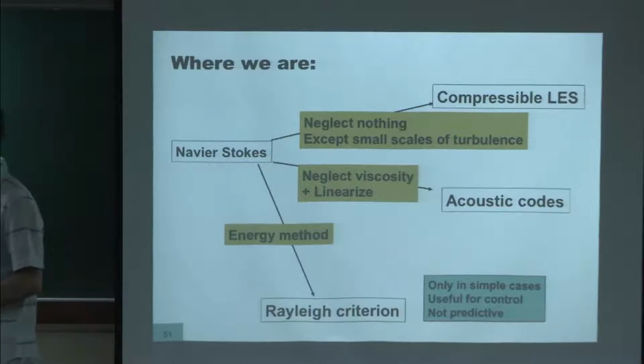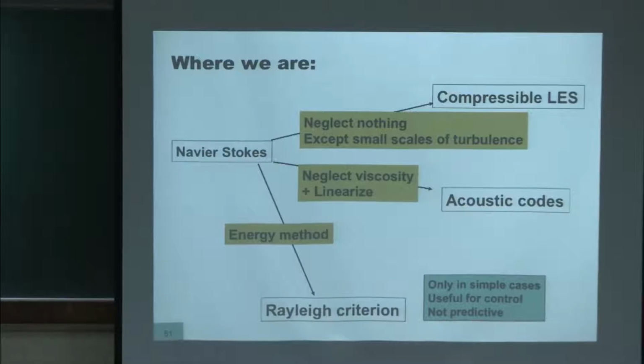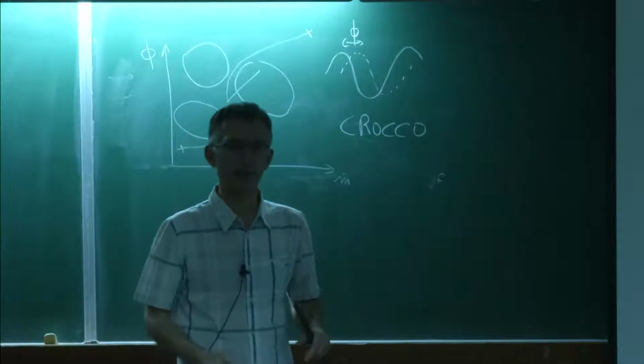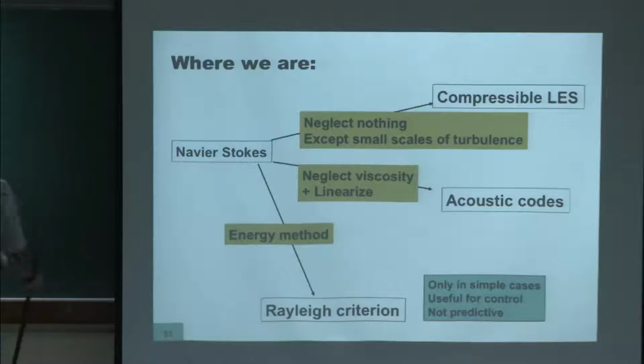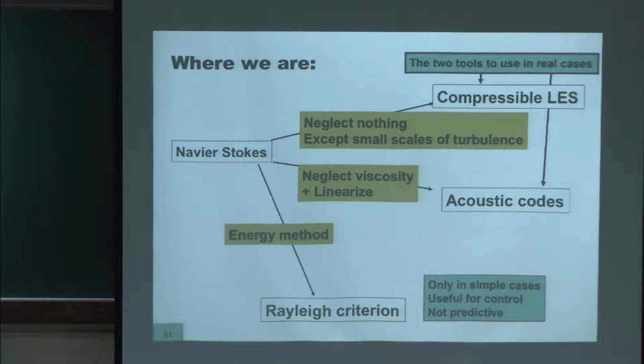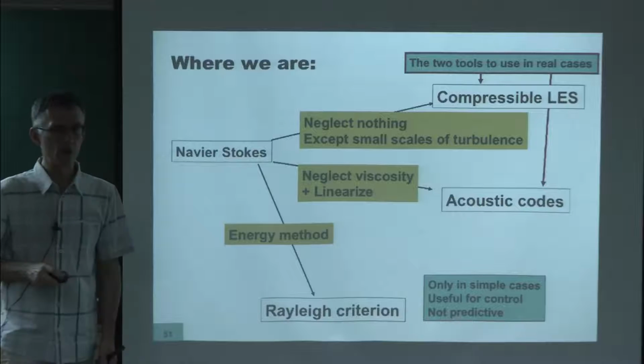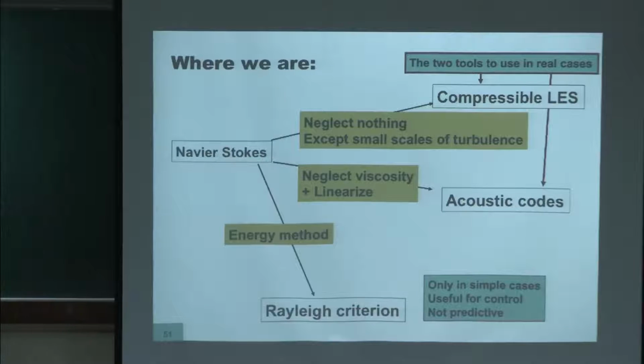It's a good way to check that, if it's positive, then it's unstable. It won't tell you why it's positive. It's just an observation. So many people, actually 99% of the people writing papers on thermoacoustics, talk about the Rayleigh criterion, but it doesn't help you that much. These two things are what you need if you want to look really seriously at combustion instabilities. You need a good LES code and you need an acoustic code.